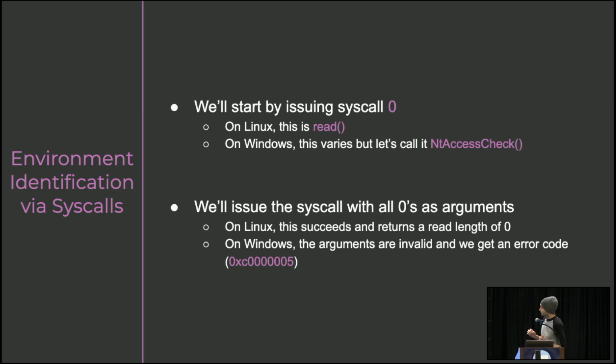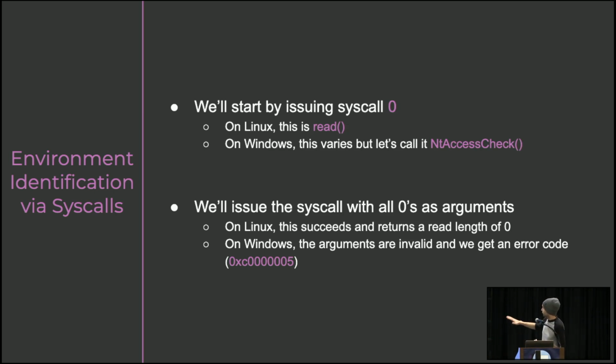This depends on which environment you're on, but on Linux, 0 refers to the read syscall, whereas on Windows, this varies depending on which version of Windows you're on. But let's call it NtAccessCheck, because that's what it would be on the most recent Windows kernel. And then we issue this syscall with all zeros as arguments.